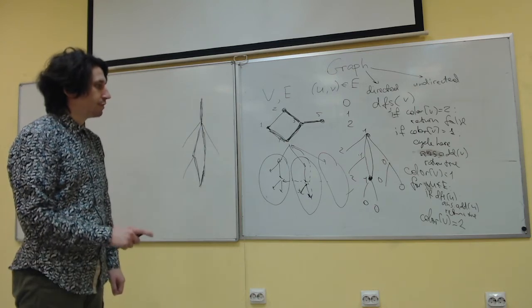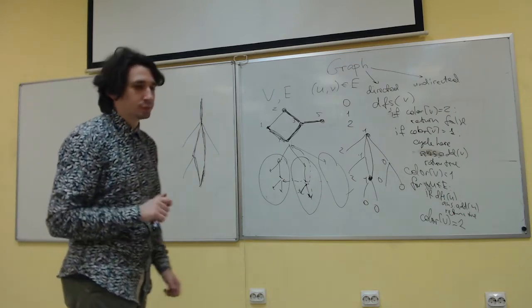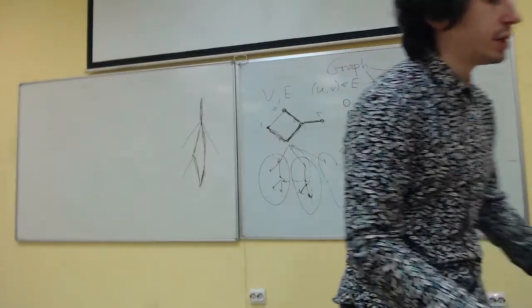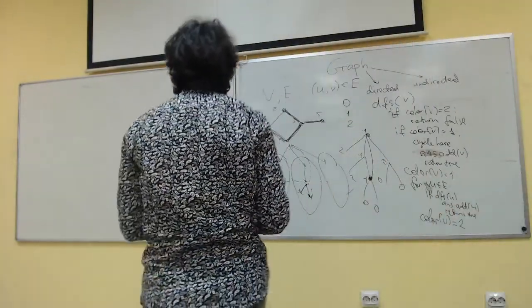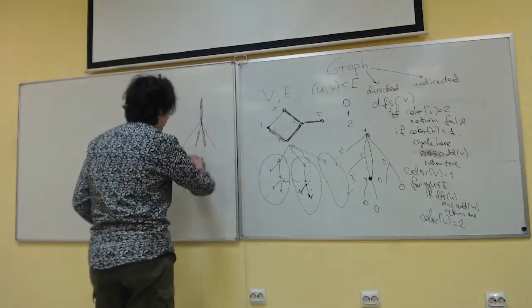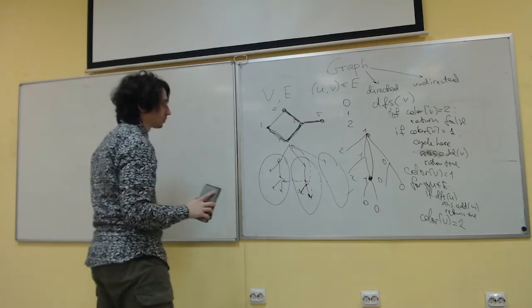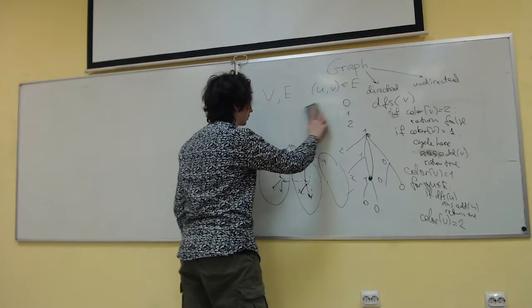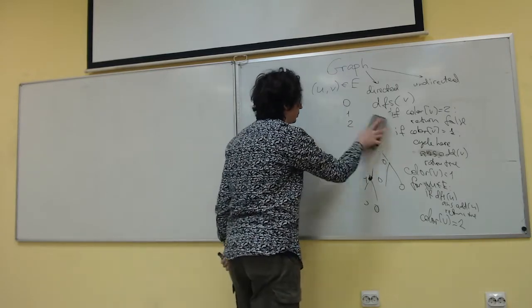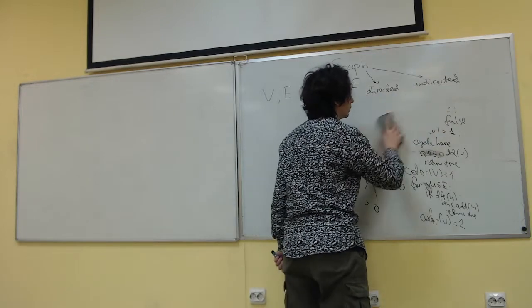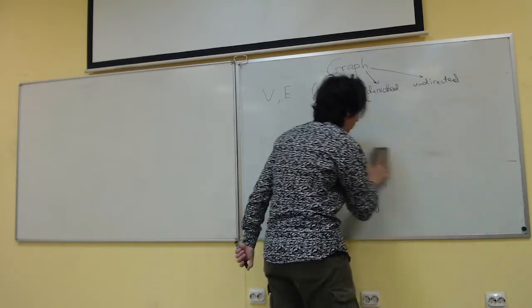This is about DFS in an undirected graph. Okay, we're in good time. We already know how to find the cycle.